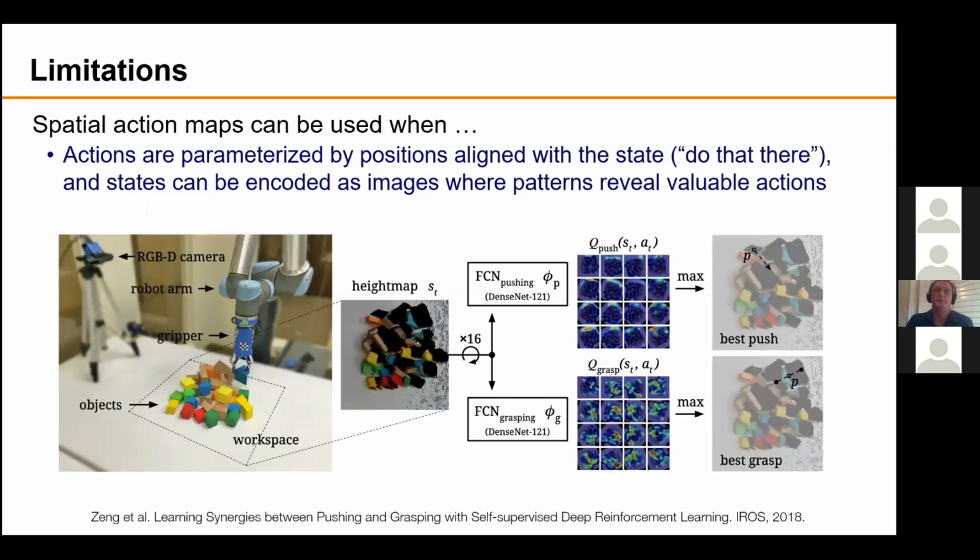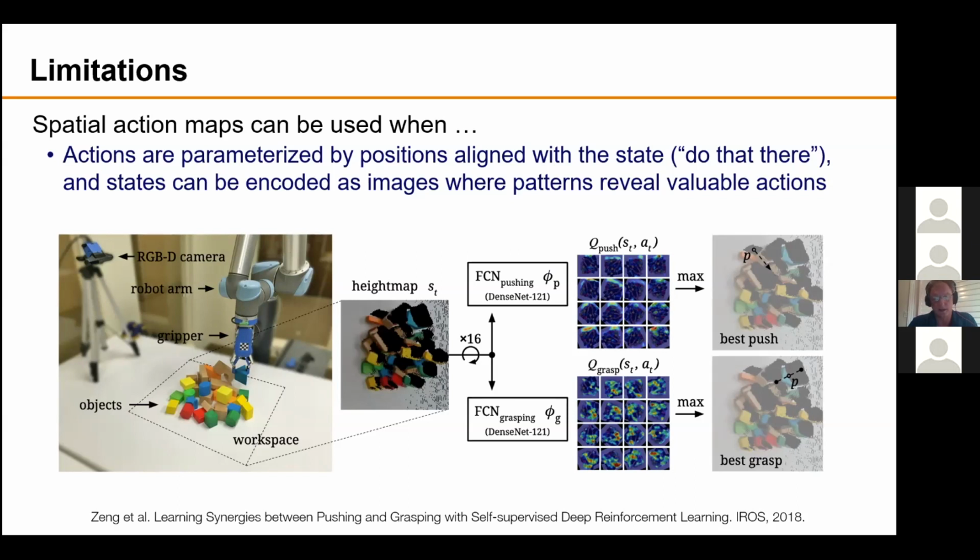To be clear, this kind of approach is not applicable everywhere. It's applicable only in cases where actions can be represented by locations on a map. Prior to the topic I just described, we had a paper where we used the same idea to represent robot grasps in a pick and place system, where the blue squares on the right are Q values of picking at particular orientations and positions.